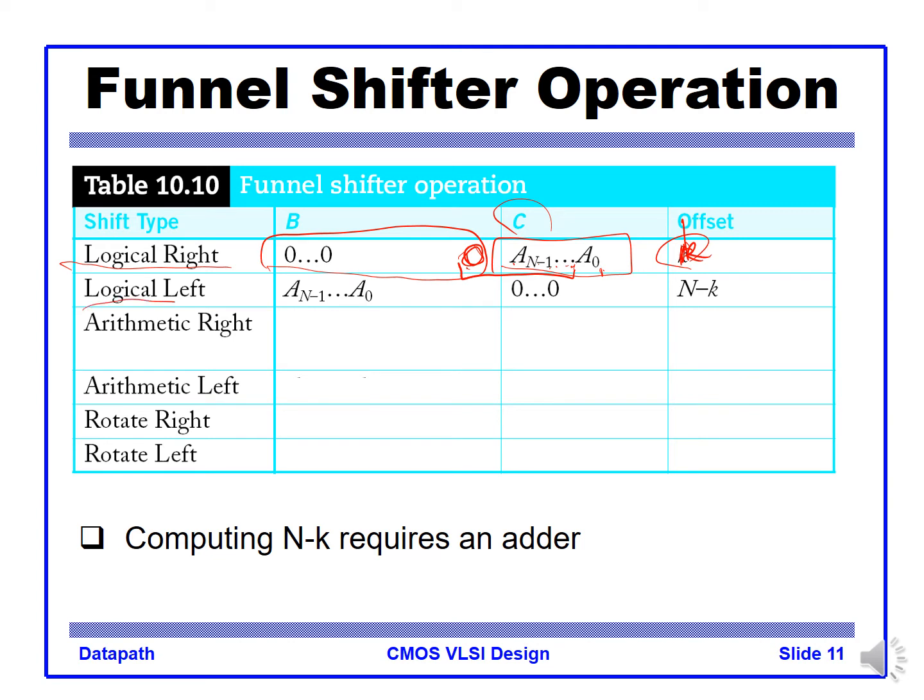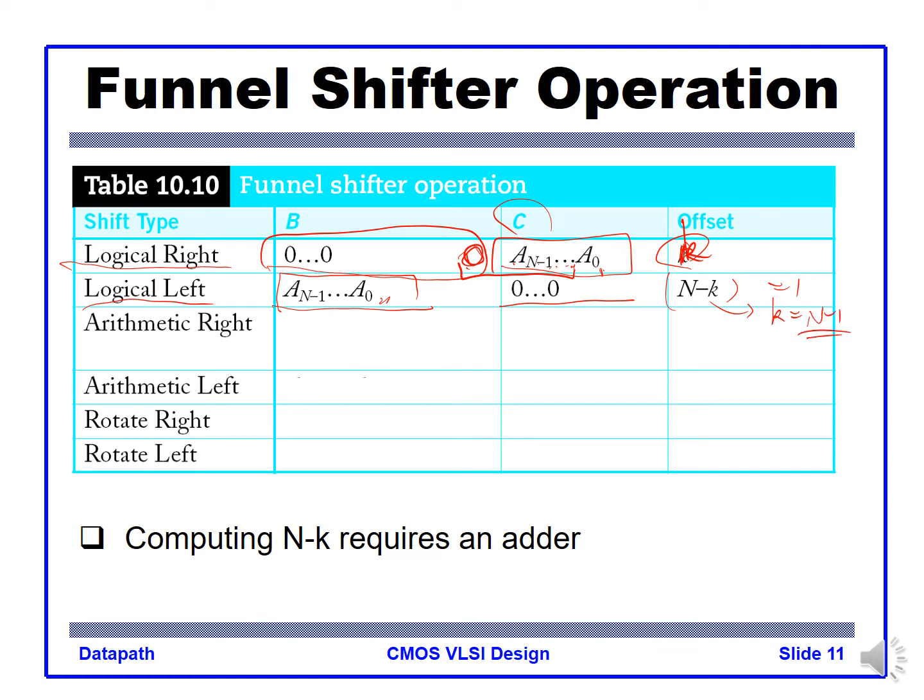For the logical left, we fill in the B field with AN minus 1 to 0, this is the input, and the C field is all filled with 0. What if we want a logical left by, let's say, 1? Then K becomes what? K becomes N minus 1, right?